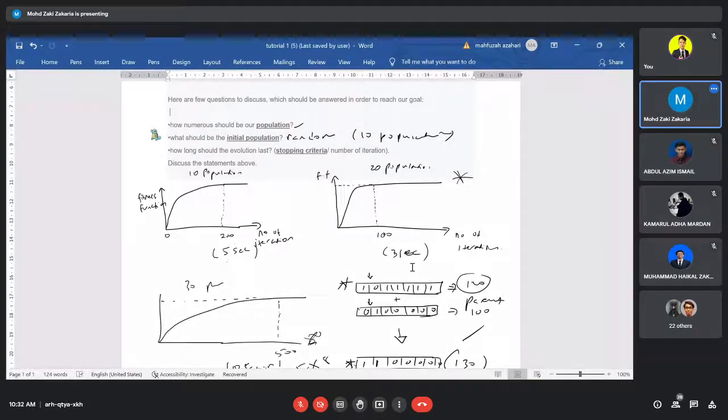Actually, it is based on the problem. You need to run it, then see the result. For example, like this, the convergence value is at 200. So for the maximum stopping criteria or number of iterations, you can just put 1,000. This is the maximum.